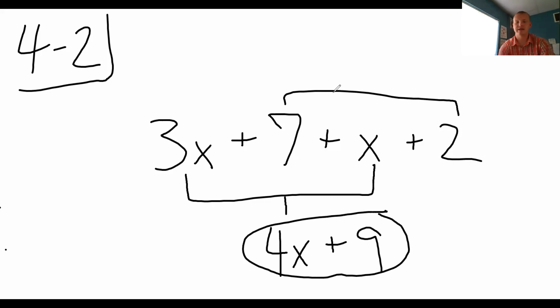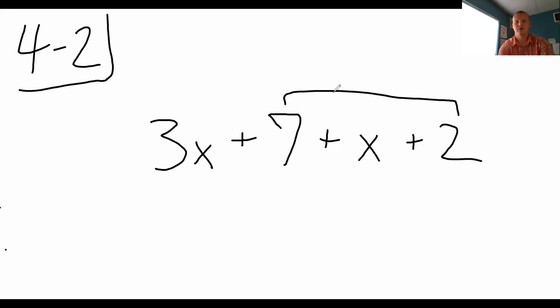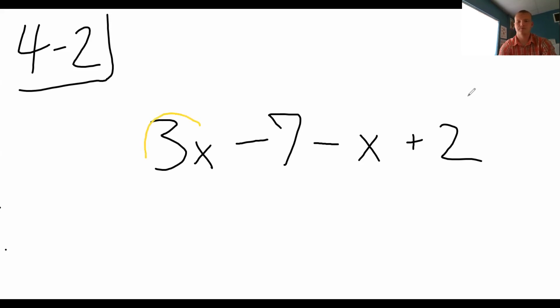So what happens if I have a negative here? If I change the x to a negative, because I already saw on your homework that you have some negatives in there, that's where things get a little hairy. So when I identify my terms first, I have +3x as one of my terms, and -x because of that negative sign.